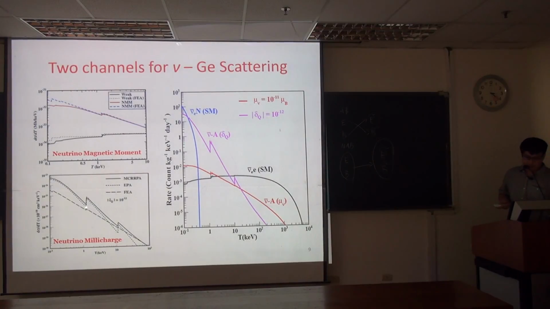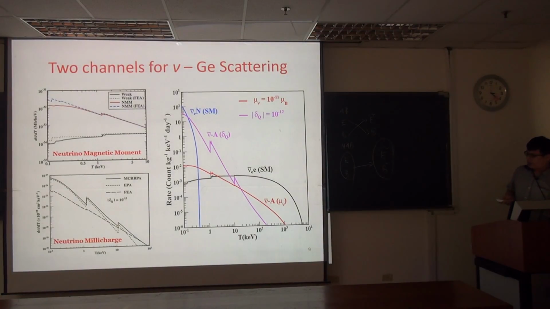Another one is called EPA. EPA is the equivalent photon approximation, which treats the incoming neutrino as an equivalent real photon. But this real photon means that it's always transversely polarized and its energy equals its momentum, so it will be only suitable for forward scattering in this case.